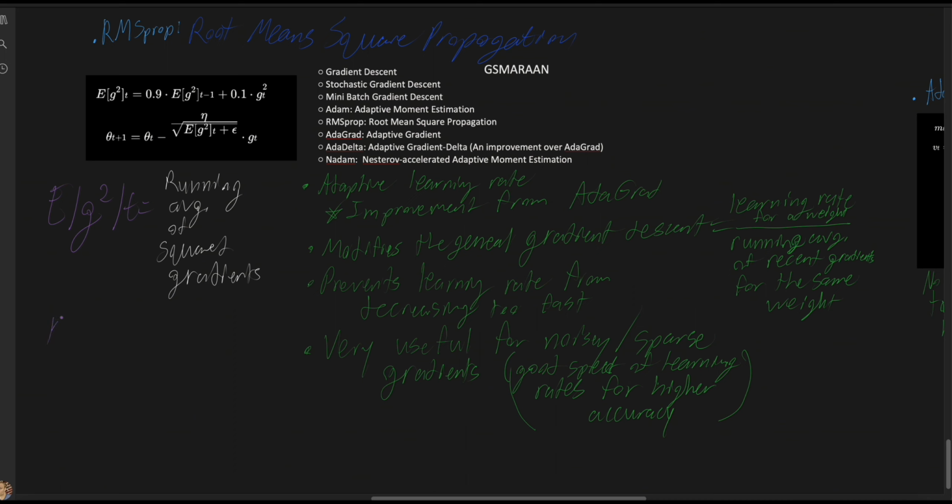And then we have mu, which, as we know, is the learning rate. Then we have epsilon, a small constant for numerical stability.